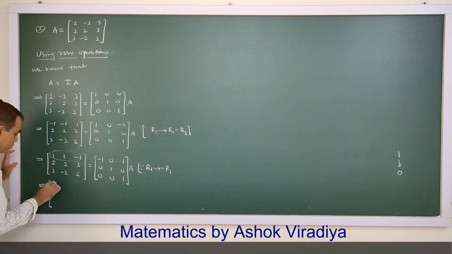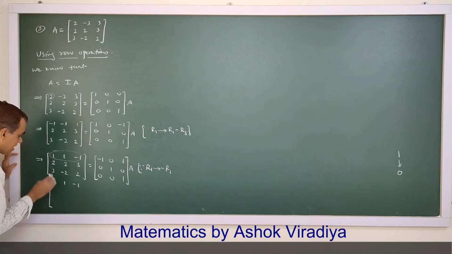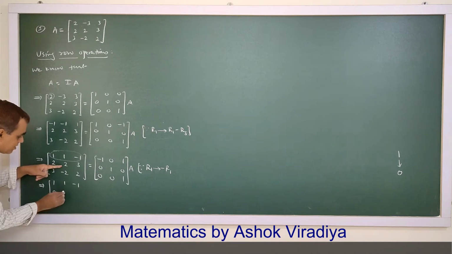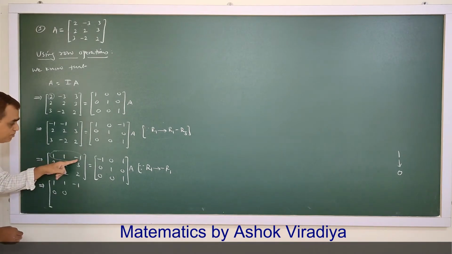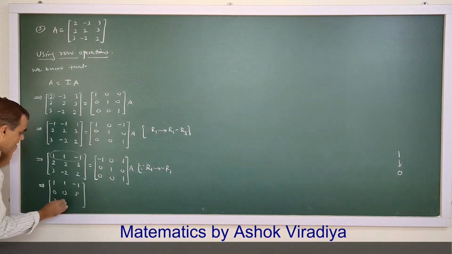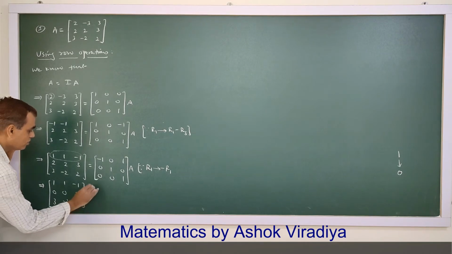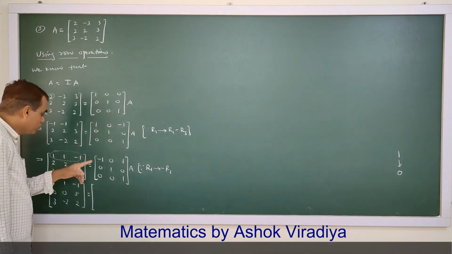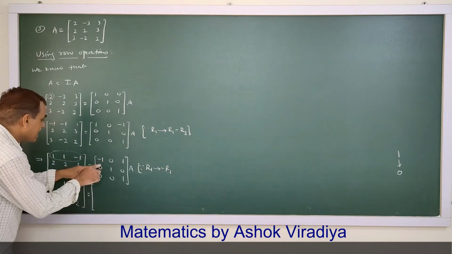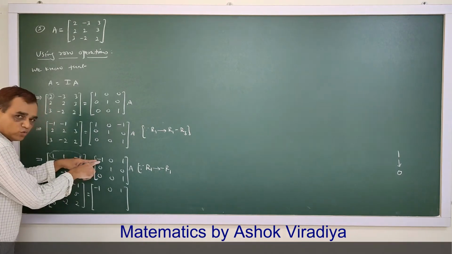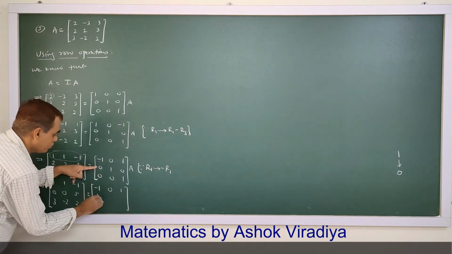Multiply the first row by 2, subtract here, so 0. Multiply this by 2, subtract here, so 0. Multiply by 2 now, so minus 2, subtract here, so 5. 3 minus 2, 2. Same we do here. The first row is multiplied by 2 and subtracted here. Multiplying by 2, so minus 2, subtract here, so plus 2.